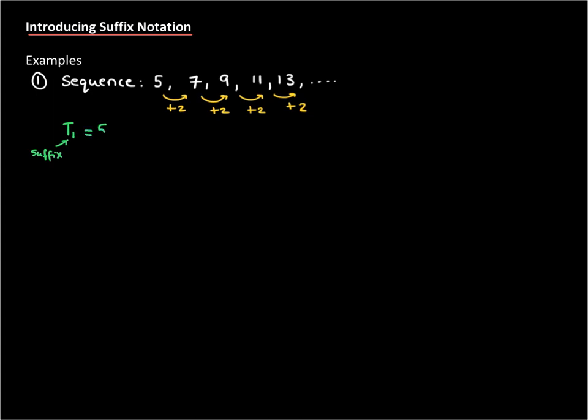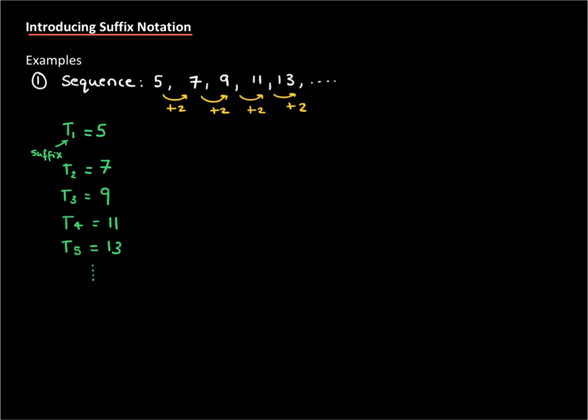So T1 is equal to 5. What about term 2? I would write it as T2, which is equal to 7. T3, which is 9. T4, which is 11. T5, which is 13. And so on. And we could generate more terms if we wanted to.